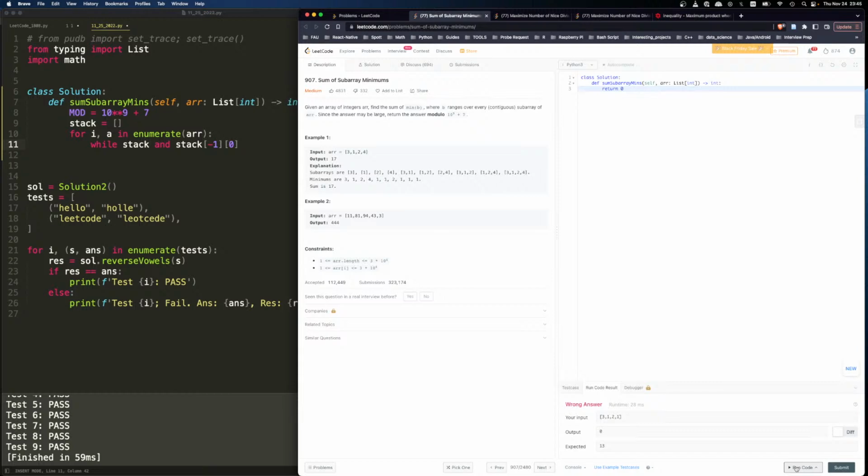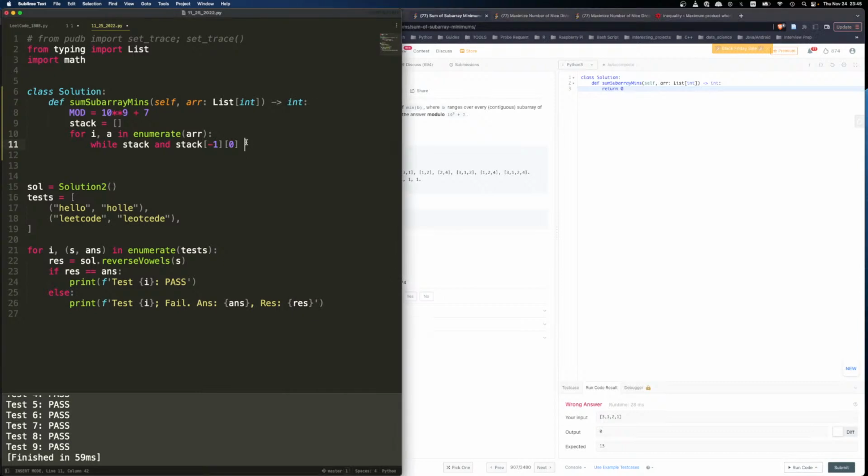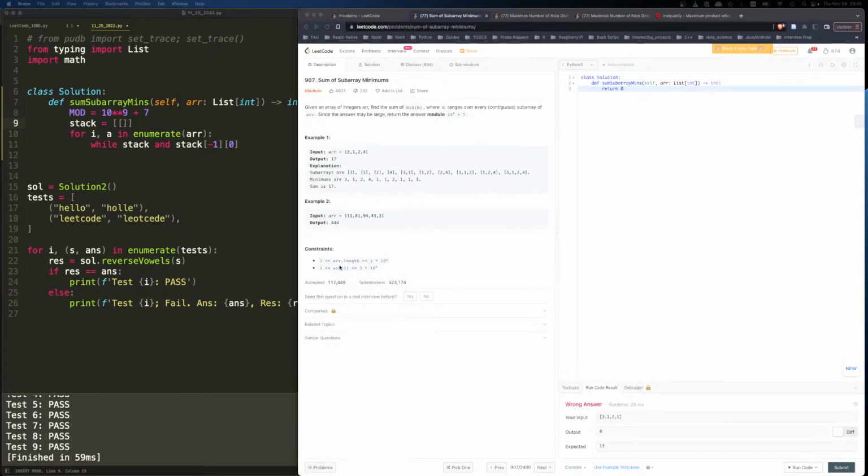13, so it works. So actually I need to put something in there. What do we put in there? It has to be of extremely small value. All the values are positive, so I can put 0 in there.